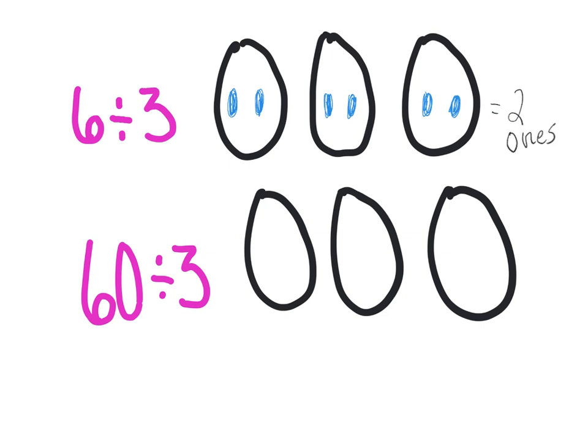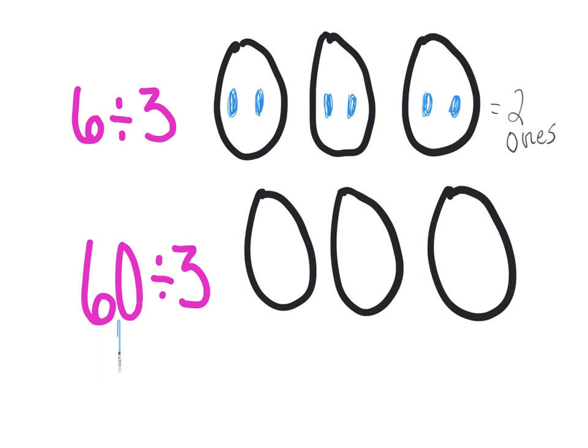Well, it's the same idea if we did 60 divided by 3, because we have a total of 60, so that's 6 tens, and we're putting those 6 tens into 3 equal groups. And how would that look?